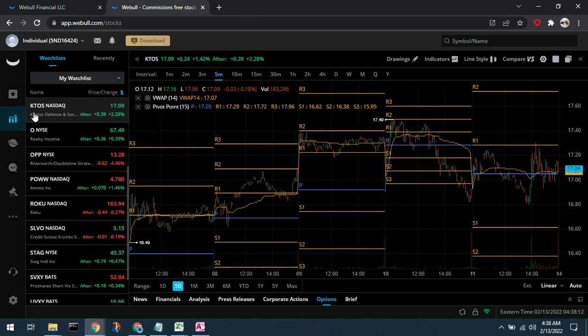Okay, we're going to leave Kratos Defense, KTOS, on our watch list. I'd like to get it a little bit cheaper, but it does look like it's hovering nicely on this pivot point, so maybe we'll have to pay up a little bit and then go for that $17 pivot point. They've had a number of press releases of contract wins.